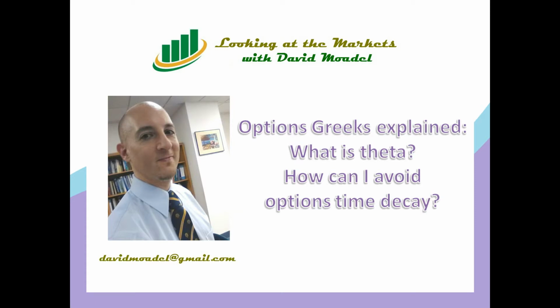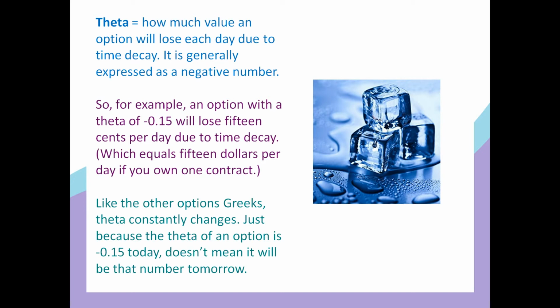Let's talk about it. First, a quick definition or review. What is theta? Well, theta is how much value an option, a call or a put, will lose each day due to time decay. Theta is generally expressed as a negative number.